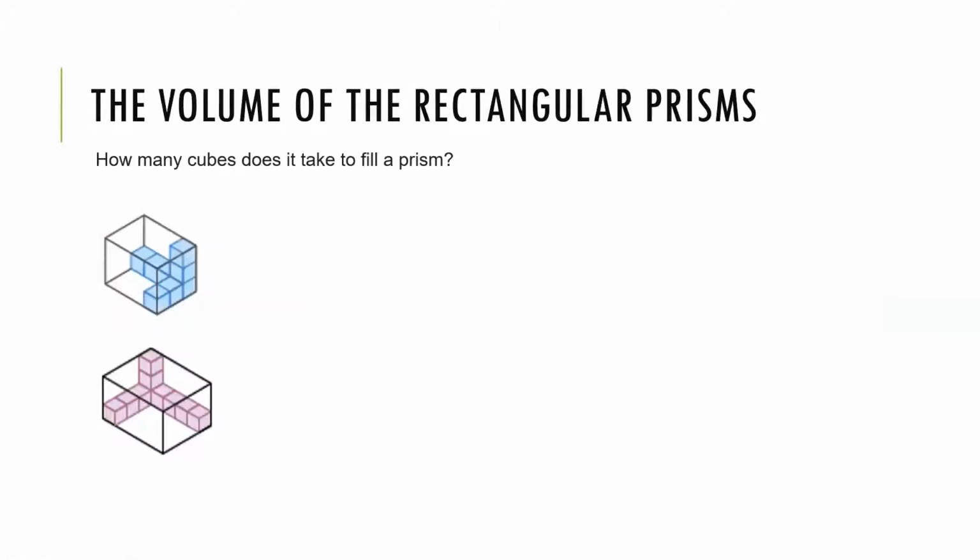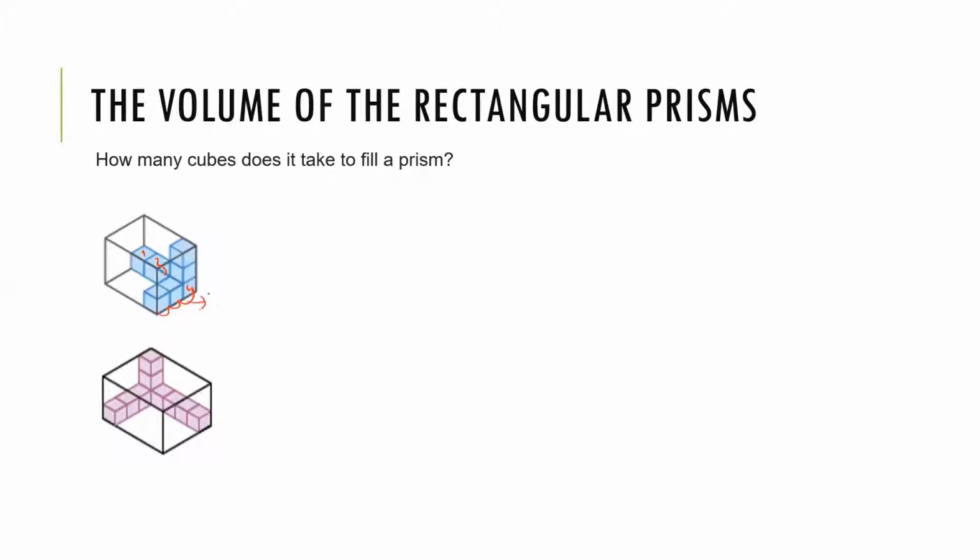Okay. All right, how do we find the volume of a rectangular prism? Let's look at examples. How many cubes does it take to fill a prism? In the first example, we should look at the length. Its length is 1, 2, 3, 4. Its width is 1, 2, 3.